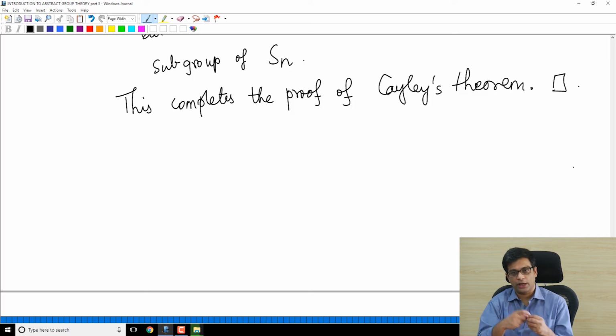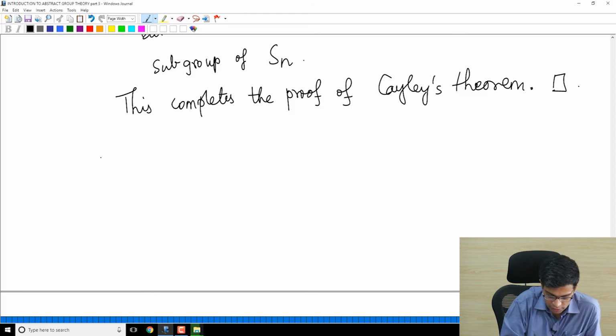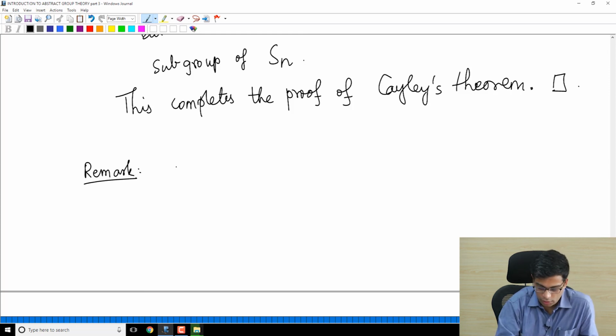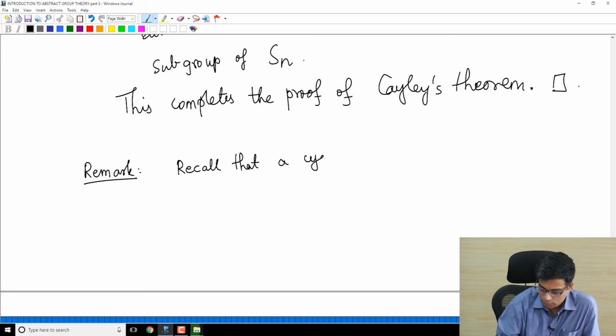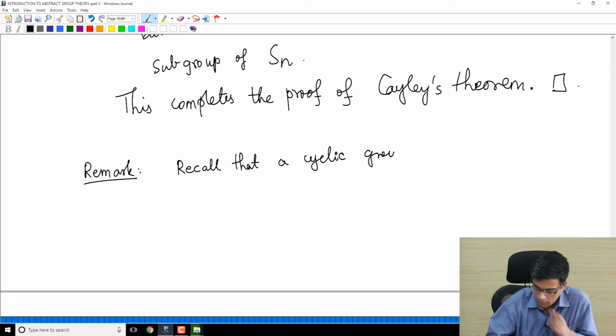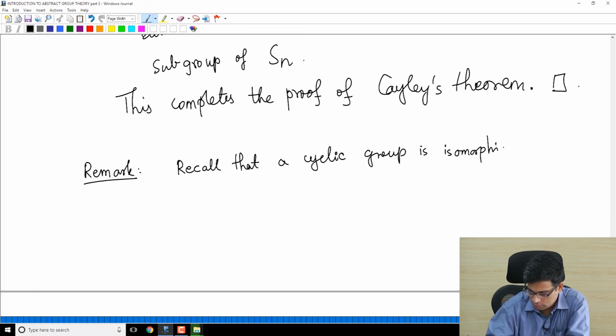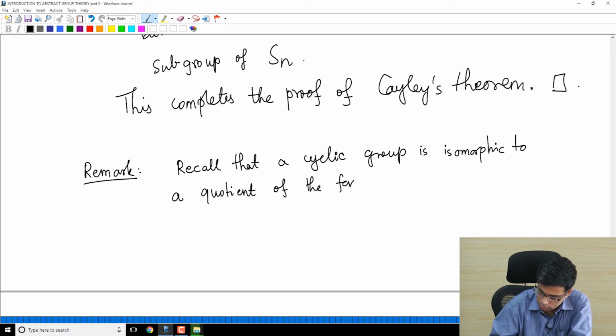It says that every group can be thought of as a subgroup of Sn. So I'm going to remark here on something that we have proved earlier. Recall that a cyclic group is isomorphic to a quotient of the form Z mod nZ.